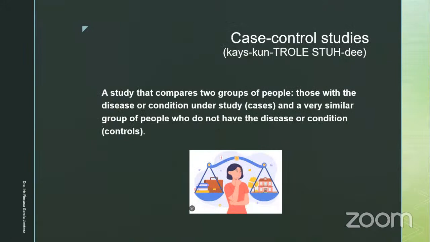Going into this context, the case control studies. Of course, one of the most important activities we have. A case control is a study that compares two groups of people: those with the disease or condition under study, the cases, and a very similar group of people who don't have the disease or condition, the controls.